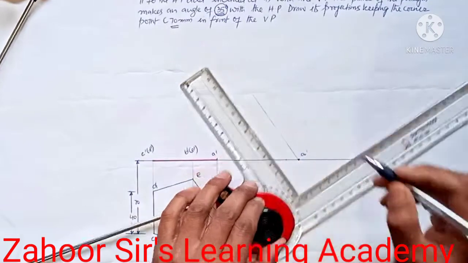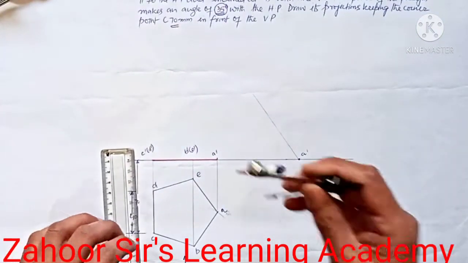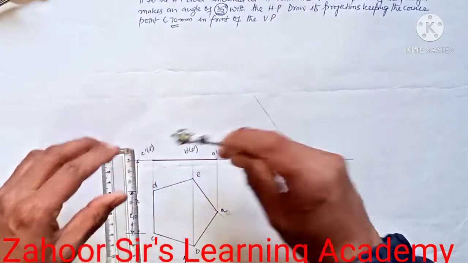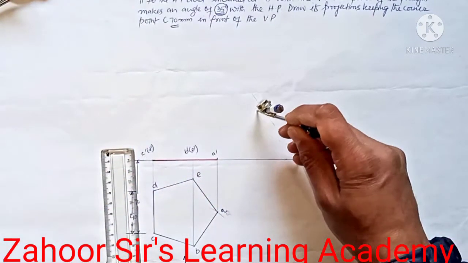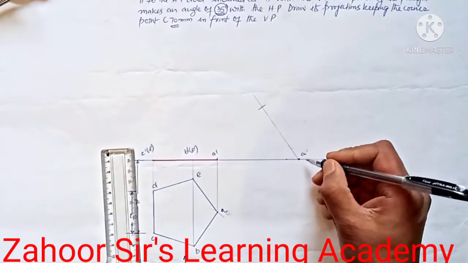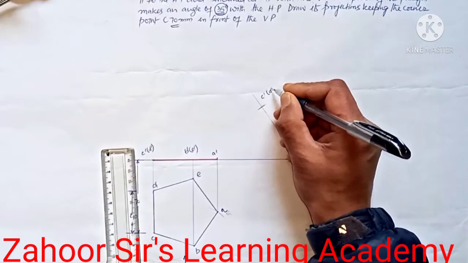Let's see how long this line is. We keep the compass here, measure this line, and cut it here. So this is the second end of the line. This point was A prime, and this is C prime, D prime.